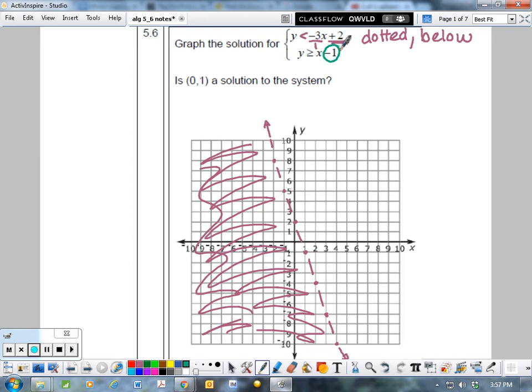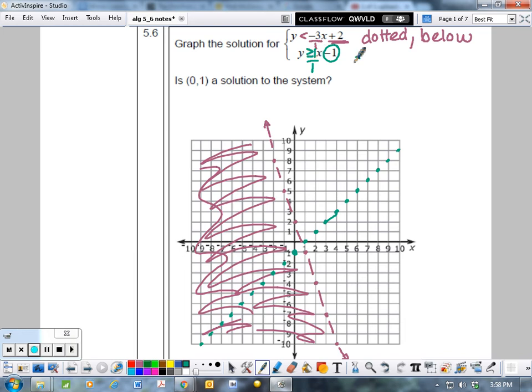So I'm going to start at negative 1 on the y-axis. I'm going to go up 1 over 1. Now my symbol is greater than or equal to.